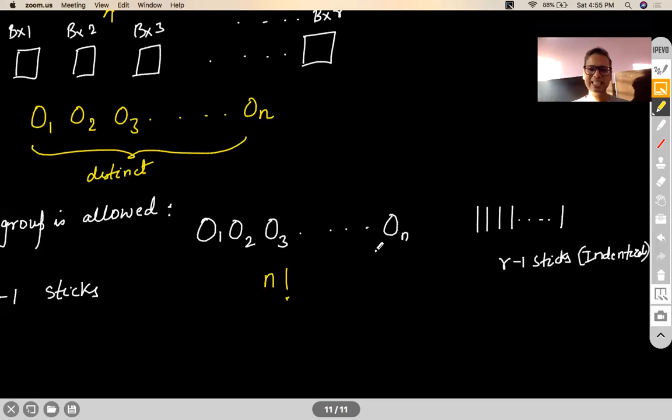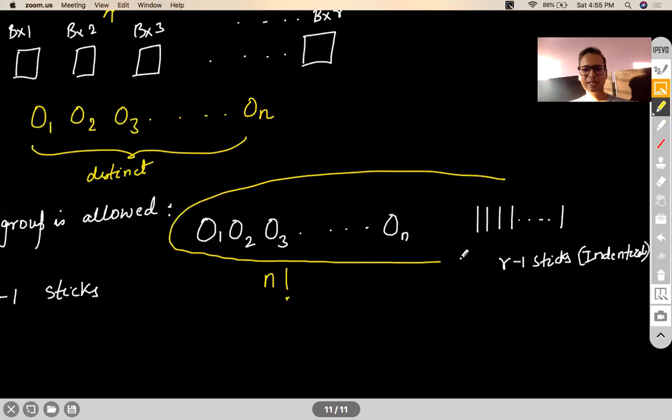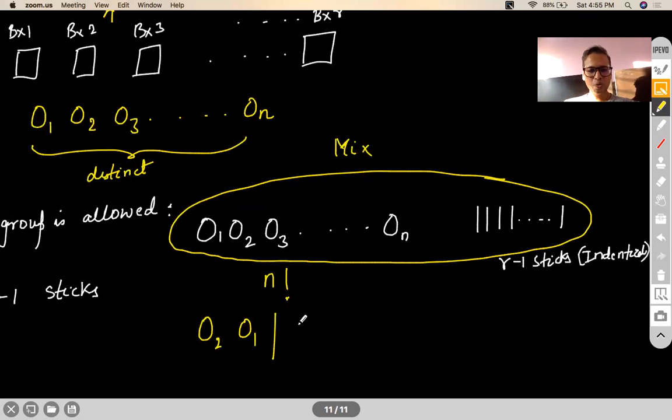For example, let us say I mix them and shuffle. After shuffling I realize the position is this: O2, O1, stick, O3, O8, O17, stick, O11. I'm just taking some cases.